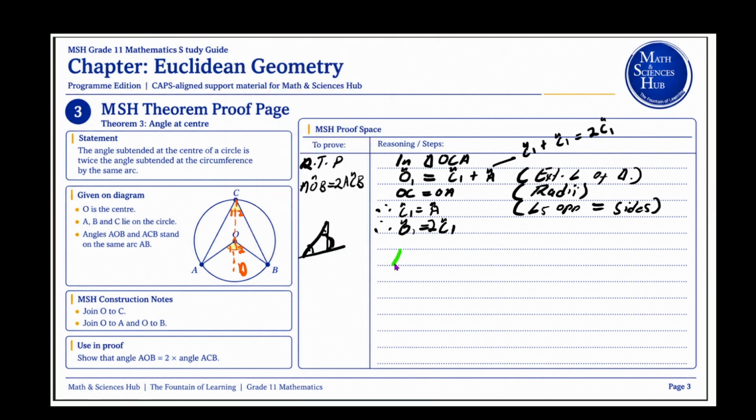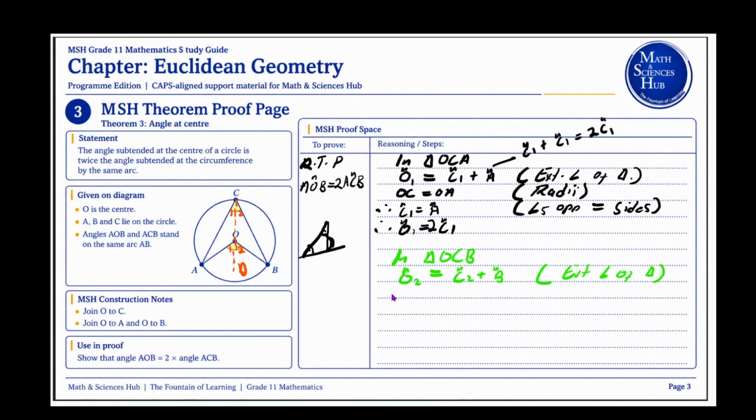In triangle OCB this time, angle O2 equals angle C2 plus angle B. So that angle equals that one plus that one, and the reason is exterior angle of a triangle: the angle outside the triangle equals the sum of the two interior opposite angles.